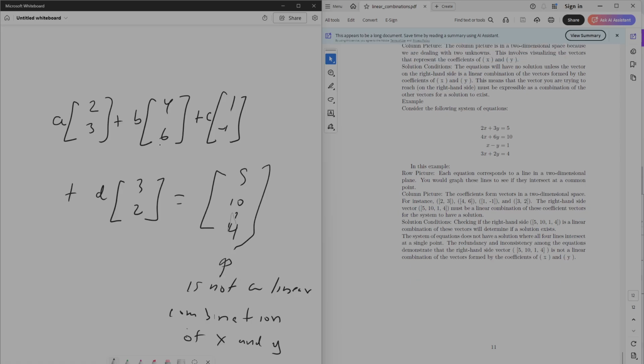So if you have a system and you can find a linear combination of the columns for the right hand side vector, then you have a solution in a two-dimensional space for this type of system.